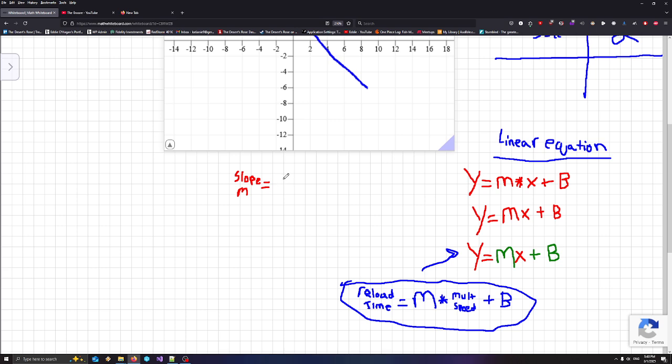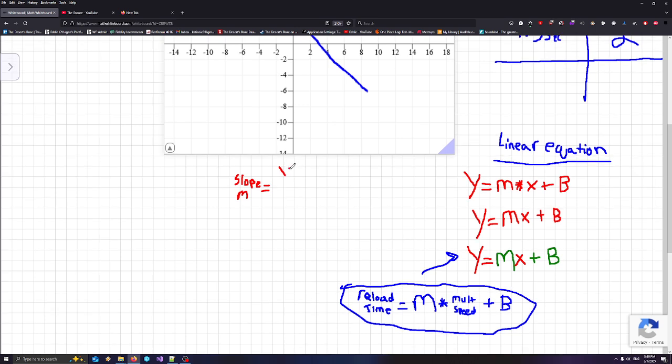So our formula for finding the slope is y2 minus y1. I'll get into what those are in a second.